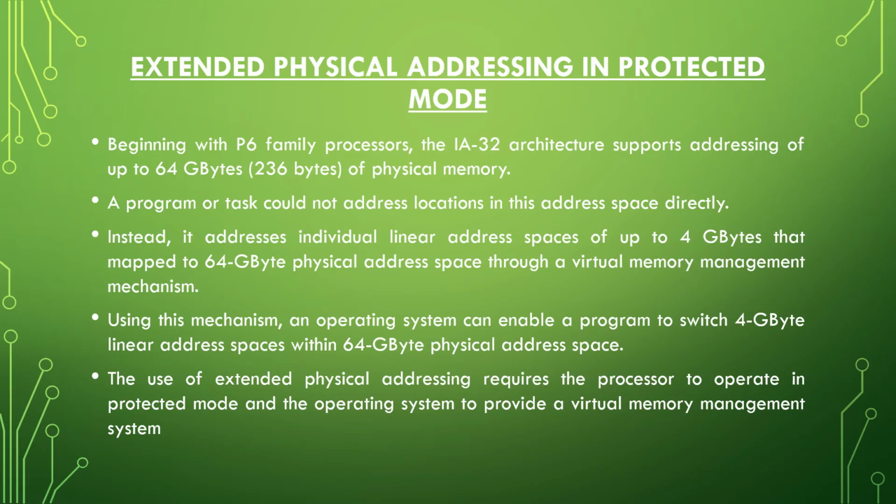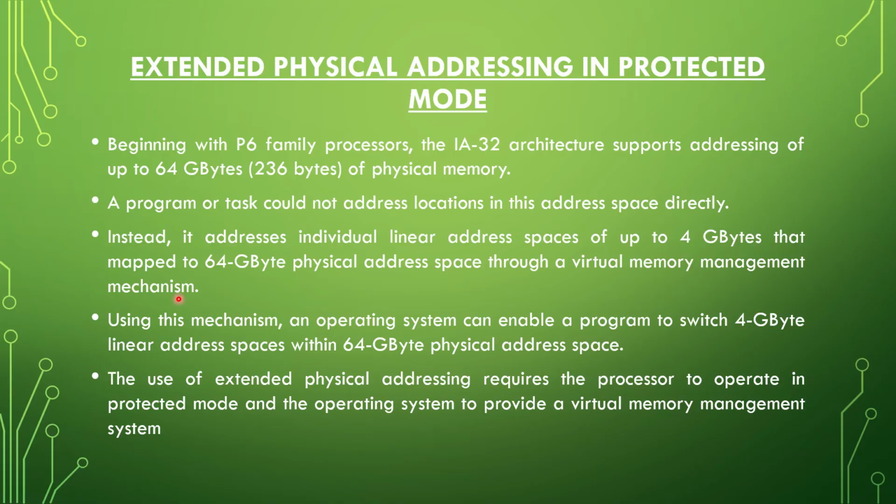Instead, it addresses individual linear address spaces of up to 4 GB. That 4 GB linear address space is mapped into a 64 GB physical address space through a virtual memory management mechanism. This is what we explained in the memory management unit.